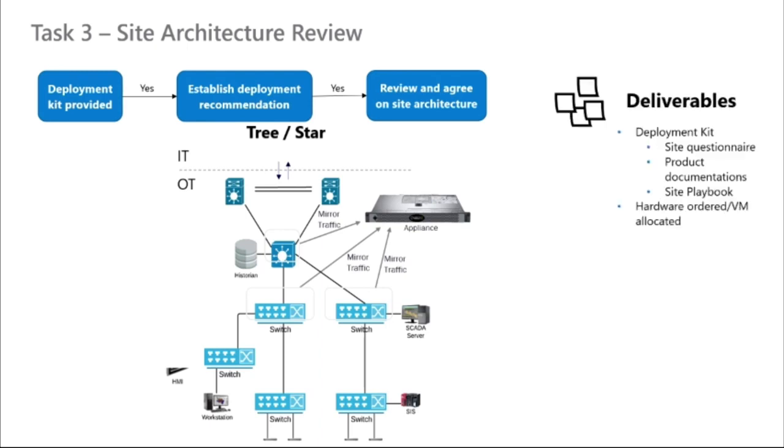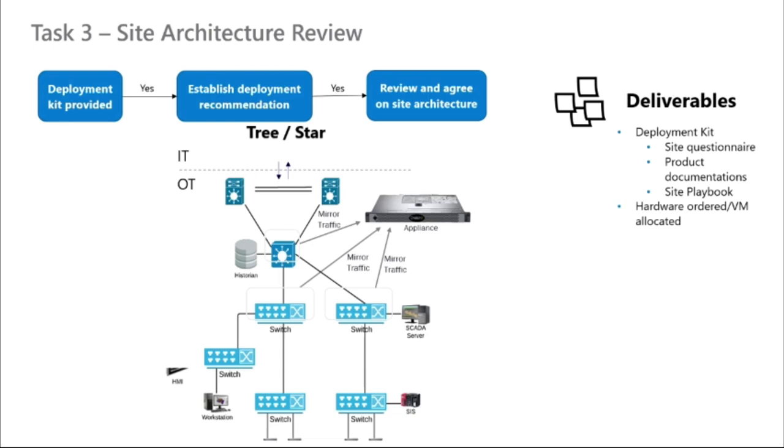Now, when looking at the deliverables, we see a deployment kit, which is a sort of questionnaire that is shared with the customer, and the customer gives it back to us full with all the answers to the relevant questions, in terms of where the assets are, what kind of assets and switches there are, etc., and what kind of playbooks are in use in order to address the alerts and events and to make the site secure.